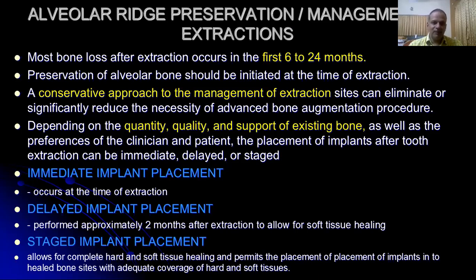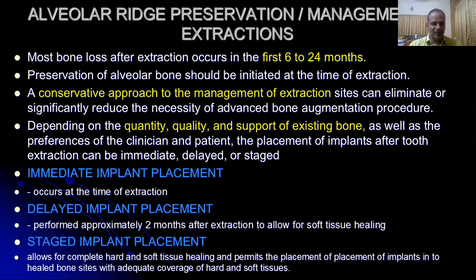A conservative approach to the management of extraction sites can eliminate or significantly reduce the necessity of advanced bone augmentation procedures. Depending on the quality, quantity, and support of the existing bone, as well as the preferences of the clinician and patient, the placement of implants after tooth extraction can be immediate, delayed, or staged.